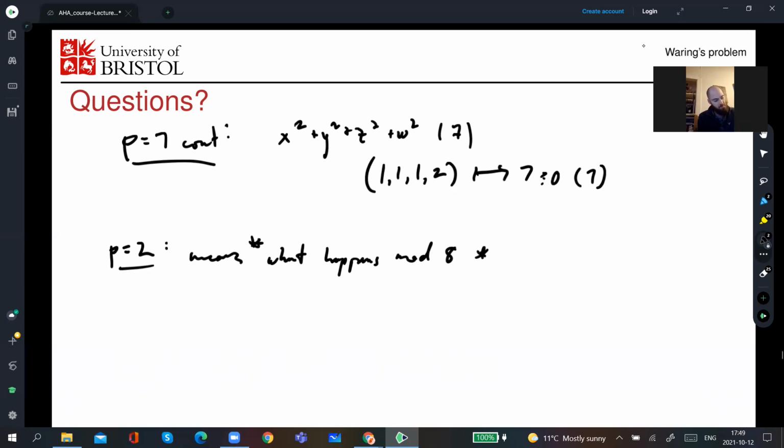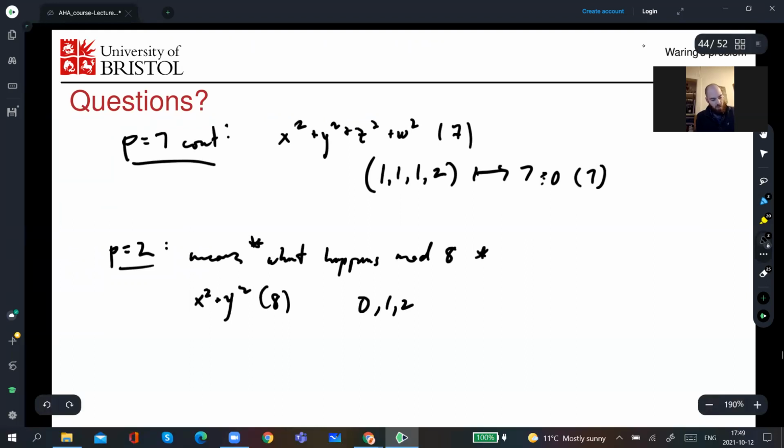Again, you can get a bunch of values for sums of 2 squares. And so what are they? x squared plus y squared mod 8. Well, I can get 0, 1, or 2 by just plugging in 0 squared or 1 squared into each of these. And also that gives me 5.